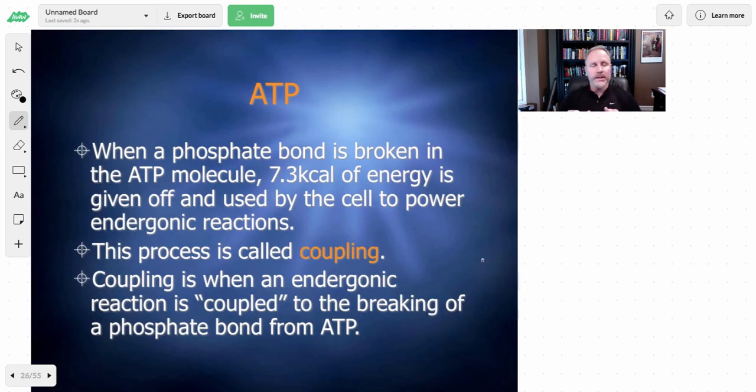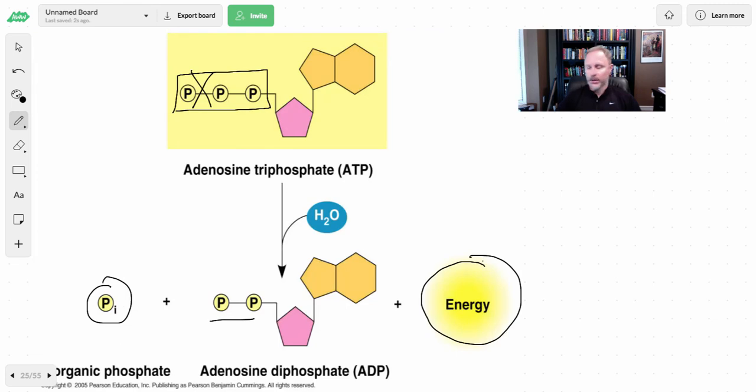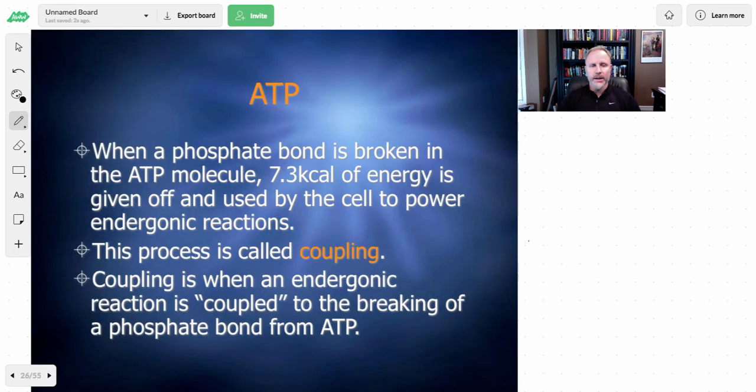And when we look at this now, this reaction releases about 7.3 kilocalories of energy, and this energy can be used by the cell to power some reactions in a process which we refer to as coupling. So in other words, these endergonic reactions are coupled to exergonic reactions, and one of the exergonic reactions here is the hydrolysis of this ATP.